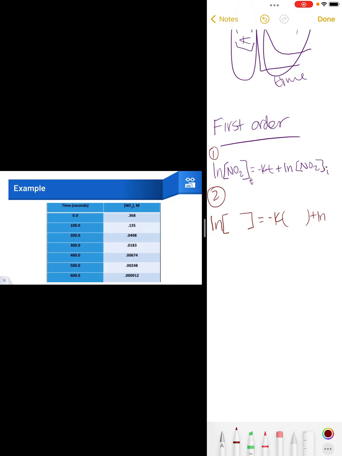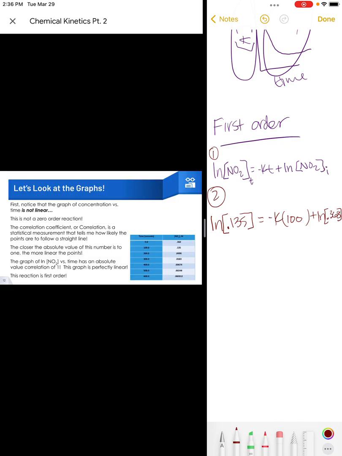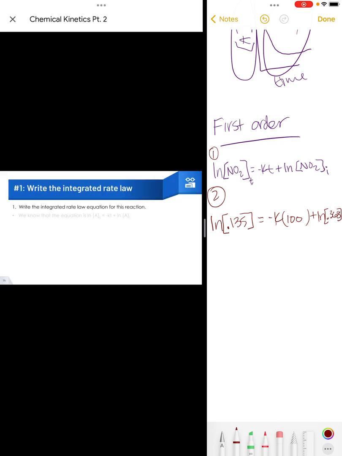So my initial concentration is 0.368. Okay. So my second data point, my second concentration after a period of time was 0.135. If you look at the time between those two intervals, it's 100 seconds. So time always needs to be in seconds.